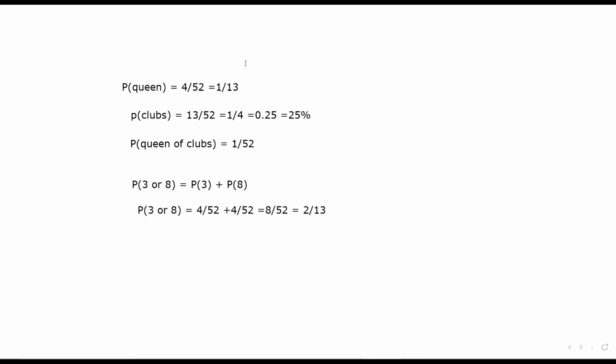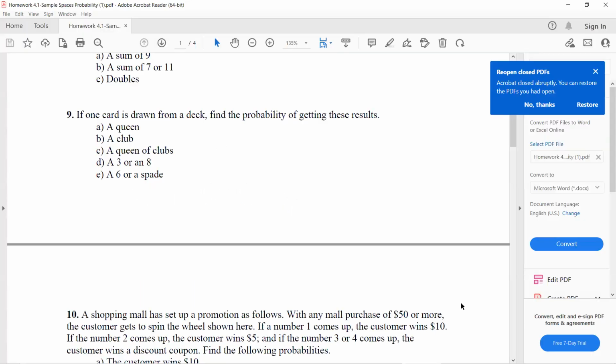Now the next one might throw you off a bit, so let's see how we do there. It says, find the probability of a 6 or a spade. Oh, that means we have to add more? Well, we're adding more cards, but something else happens.